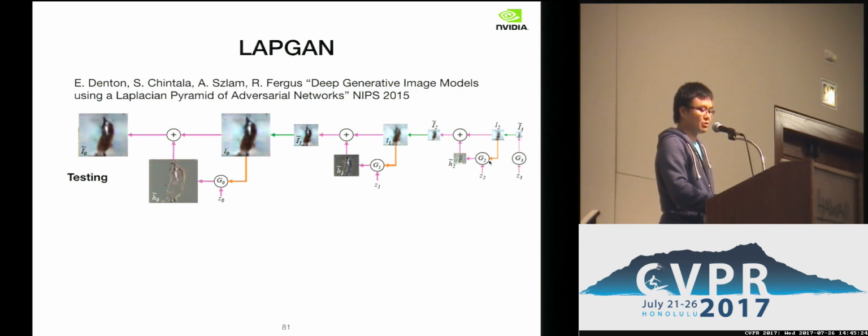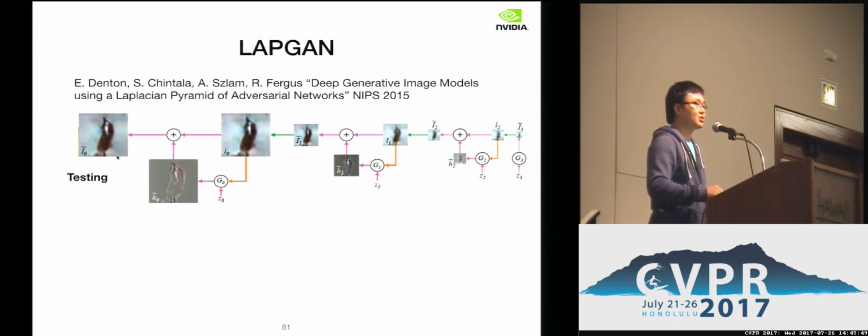This upsampled image and another random number Z2 together are fed into G2, which produces a residual of the image. This residual is added to the upsampled version to create a higher resolution image. This is upsampled again, goes to the next generator, and generates a residual in higher resolution. You keep doing that until you have a very high resolution image.